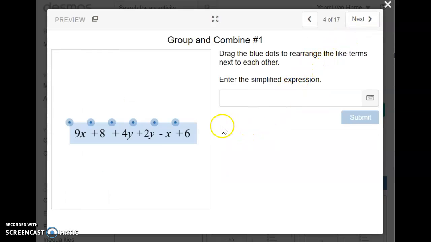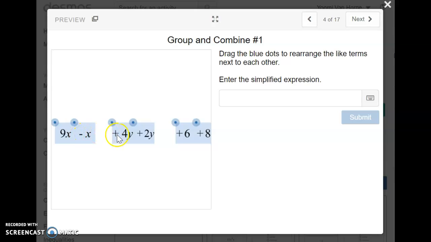All right, drag the blue dots to rearrange the like terms next to each other and then enter the simplified version. Okay, so I can move it like this. Okay, 9x. Do I have any other x's here? So I can move the x to here. Let's move the constants to the end. Okay, and then y's are together. Good. All right, so how many x's do I have? 9x minus x.